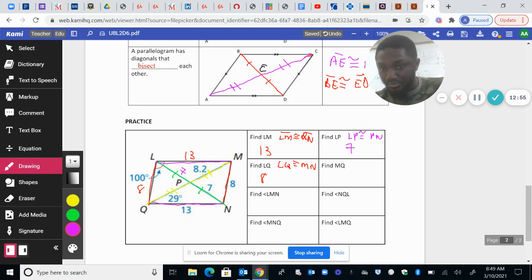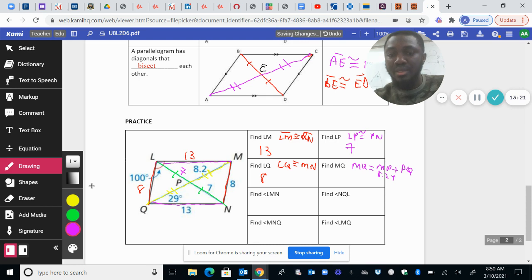And also MQ. What are we looking for? Okay, MQ. MQ is the sum of MP and PQ. Okay, but we know MP to be 8.2, but we don't know PQ.